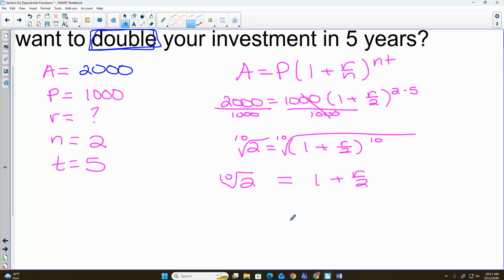What would you do next? Subtract 1. And final step to get R by itself? So I take this whole thing times 2. That's what I'm going to plug in. 2 parentheses, 10th root of 2 minus 1.